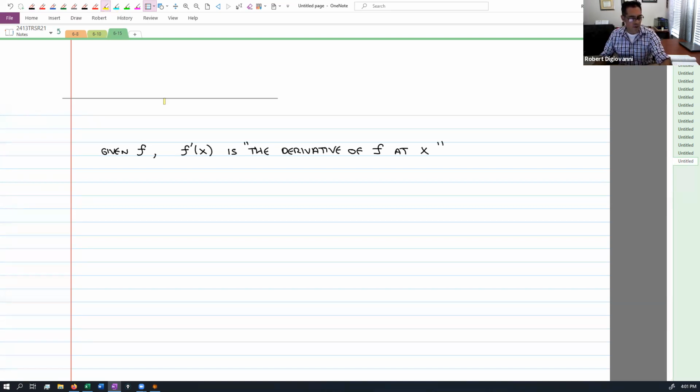So again, we're using this new notation and we're not using the a anymore. We're replacing the a with x. So if someone gives you a function, f prime of x is the derivative of the function at x.